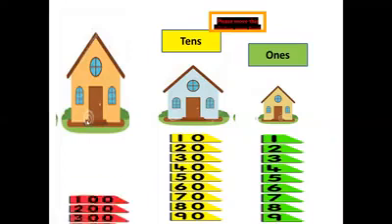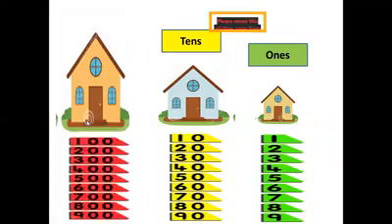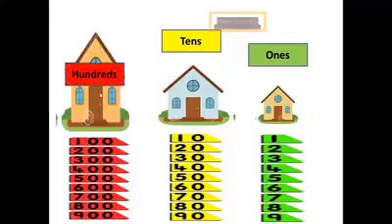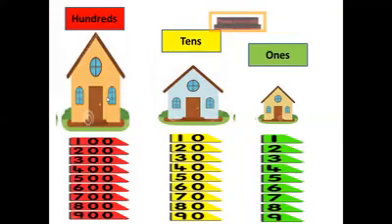Let's see. 100, 200, 300, 400, 500, 600, 700, 800, and 900. Okay, what is the name of this house? Yes, hundreds. We call it hundreds, okay? As you see, we have 3 houses for numbers, ones, tens, and hundreds. Okay.